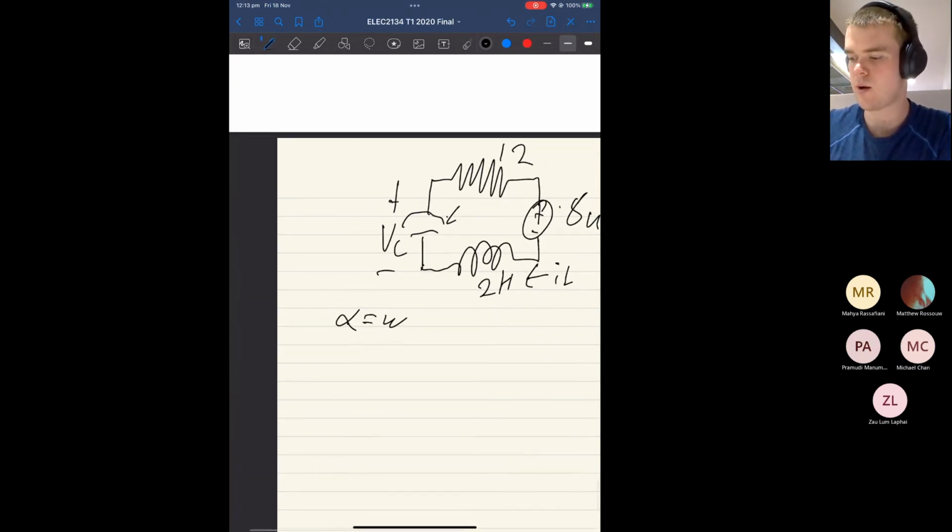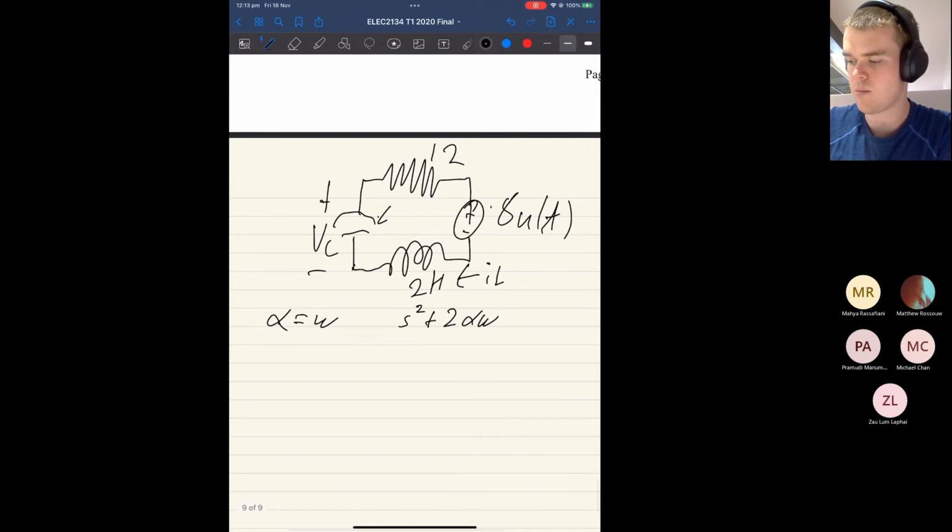Now we have the s squared plus 2 alpha s plus omega n squared. Is that what it was? 2 alpha s. Yes, there is an s in here. Very good spot.